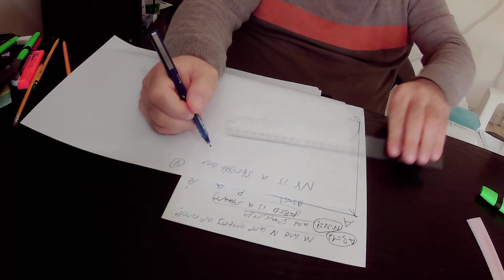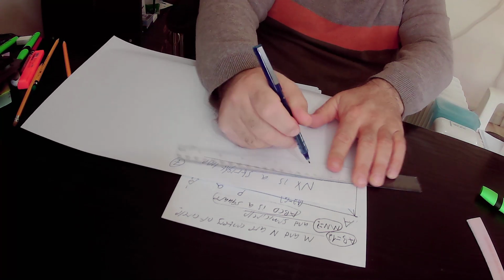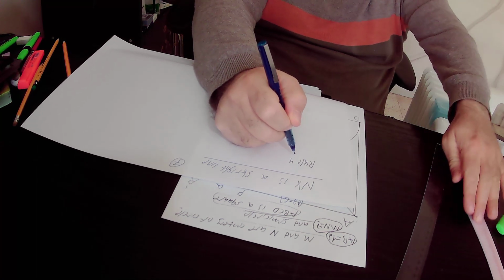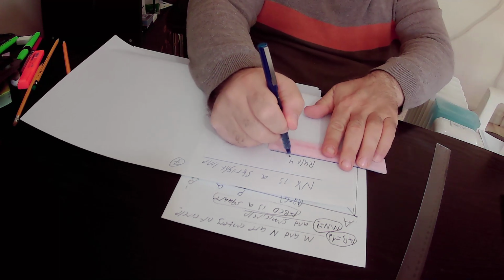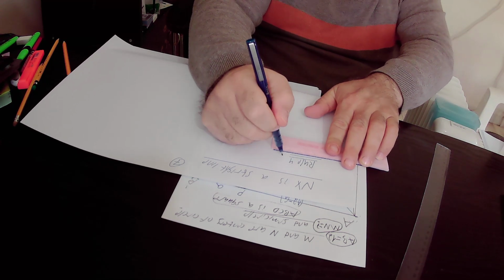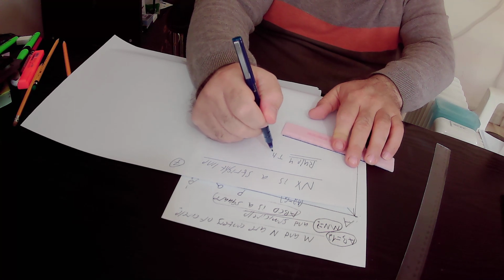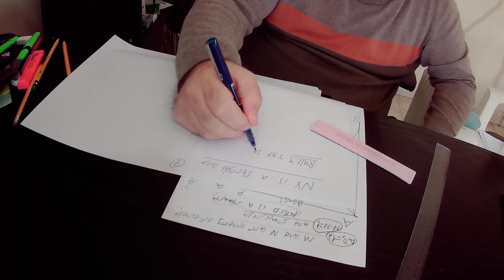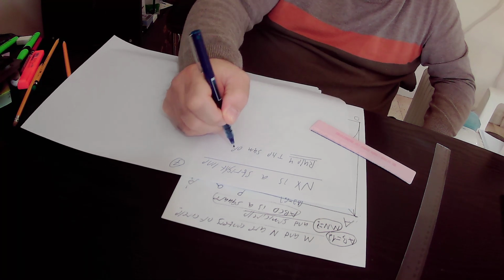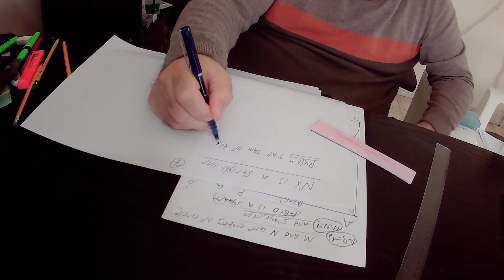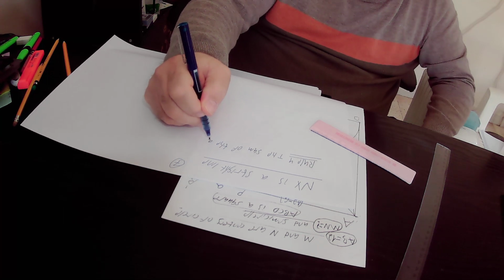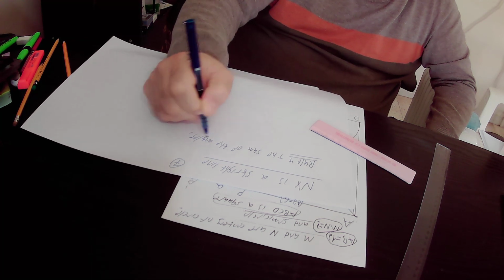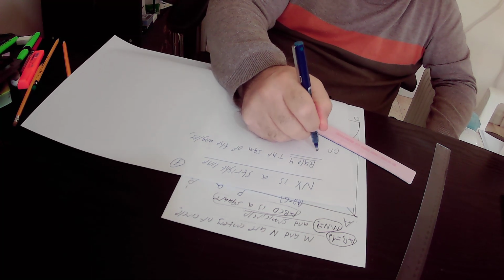And we have rule number 4. According to rule number 4, the sum of the angles on one side of a straight line is equal to 180 degrees.